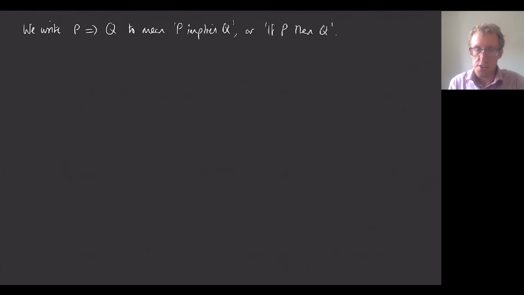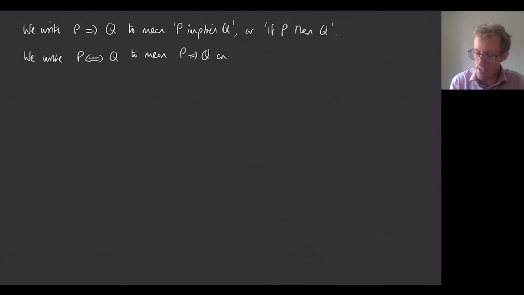But obviously in some other situation that might be true, and so we have some notation for that too. So we write P if and only if Q to mean that P implies Q and Q implies P. Or the way that I just read it, in fact, P if and only if Q. As I said in the last lecture, if and only if is a phrase that you'll keep coming across.